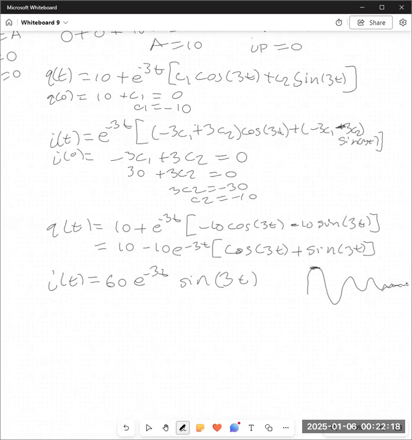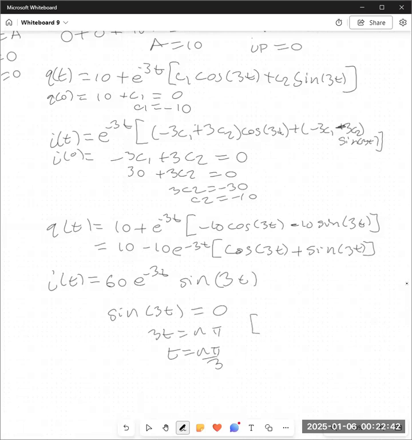So let's go ahead and look first for where I is 0. That's going to happen when sine of 3t is equal to 0, and 3t is going to be equal to n pi. So t is going to be equal to n pi over 3. Starting with n is 0, the smallest time can be 0. Then I'm going to have pi over 3, and then it's going to be 2 pi over 3.